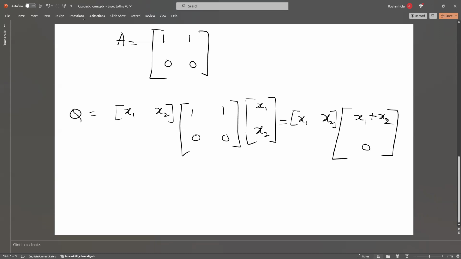Right. So the first term here will be x1 plus x2. The second term here will be 0. And when I get this term, the final expression is x1 square plus x1 x2. So this is another quadratic expression.